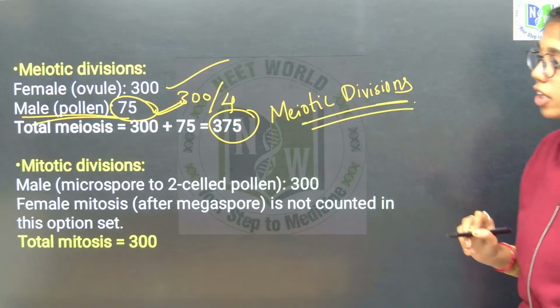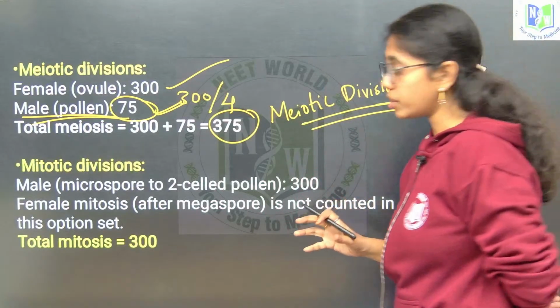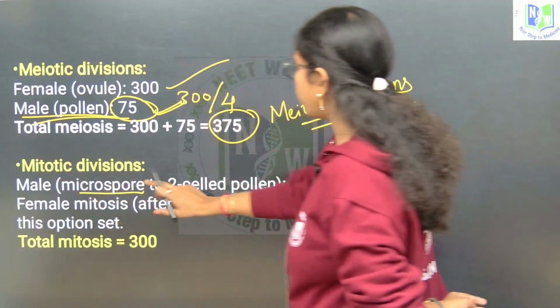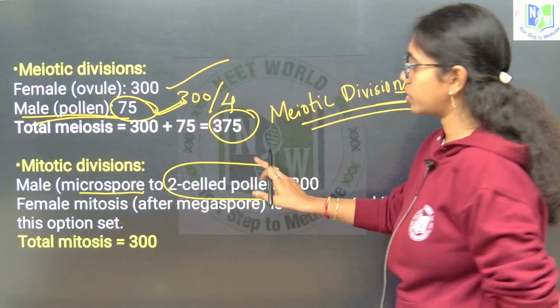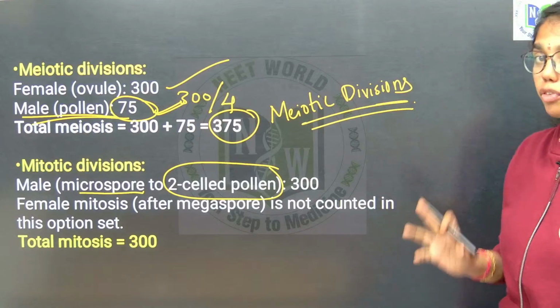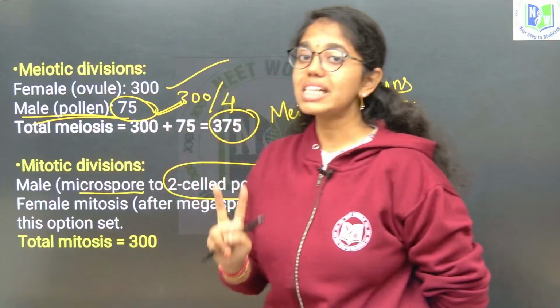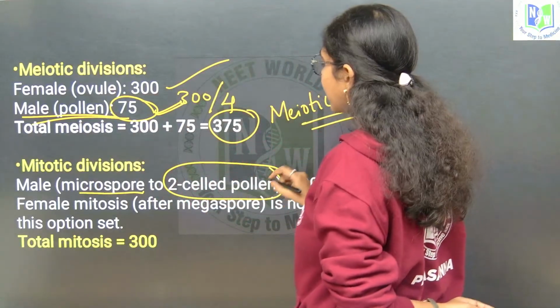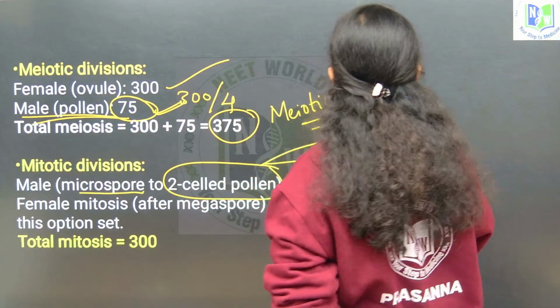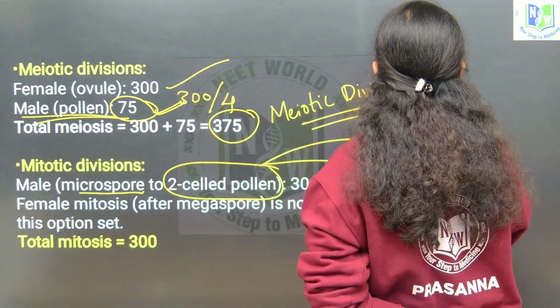Next, mitotic divisions. If you see, male microspore to 2-celled pollen grain, one microspore will form a 2-celled pollen grain. One mitotic division will happen, which results in the formation of a vegetative cell and a generative cell.